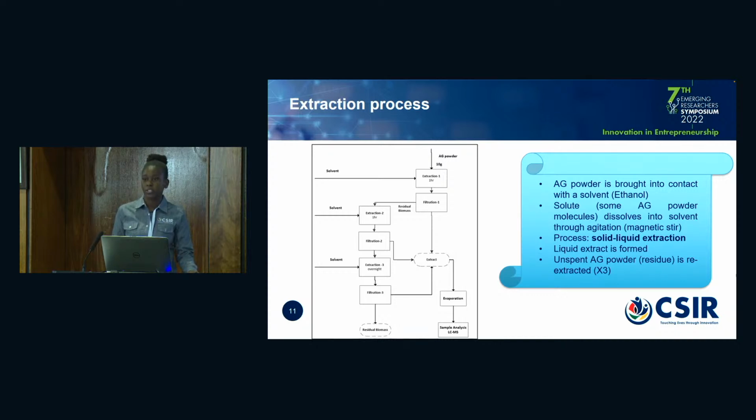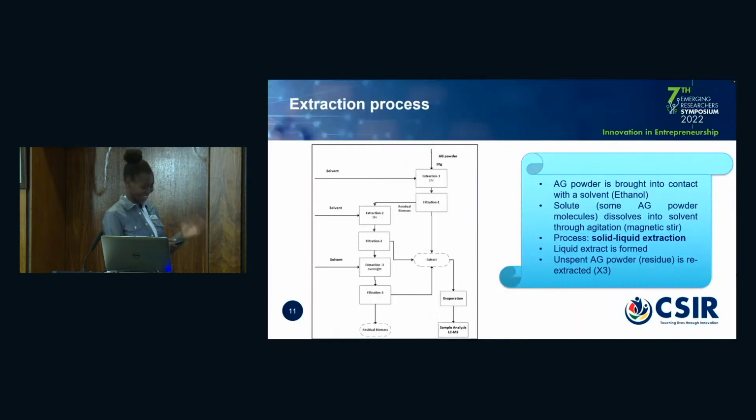Then the third extraction takes place. The third extraction happened overnight with the same amount of solvent. Then the third filtration, which accumulated the liquid extract, and the residue of the unspent biomass was then discarded.